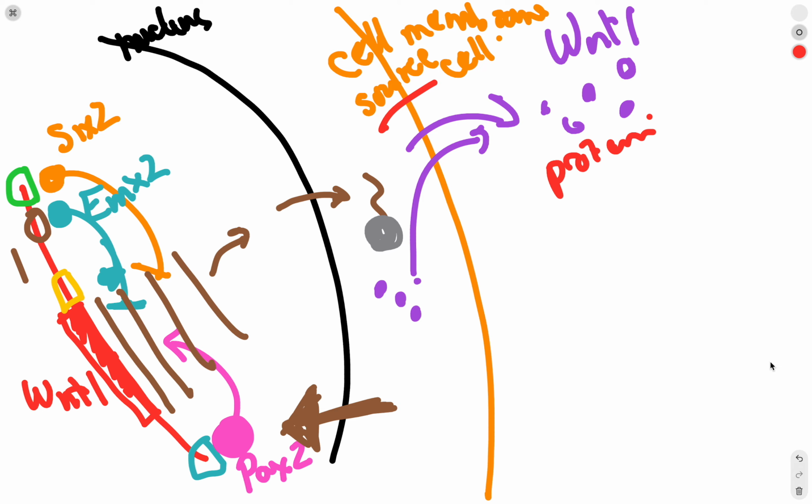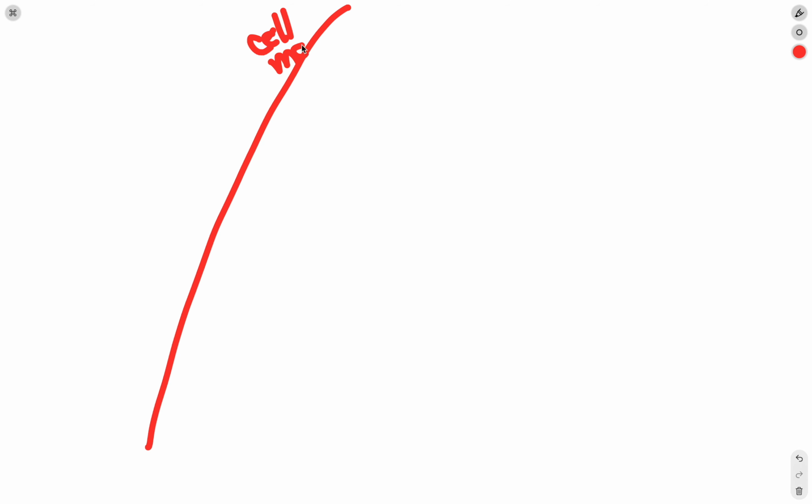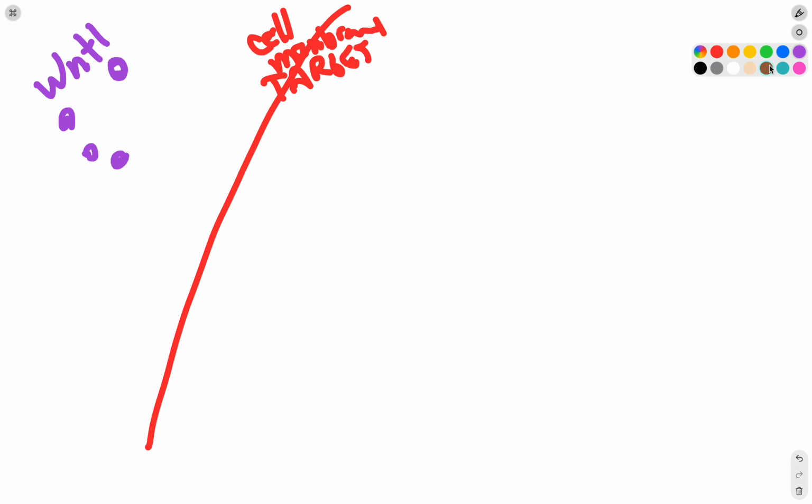So I'm going to erase this, and I'm going to draw the Wnt binding to the target cell now. On another piece of paper that you can tape together, I would say, because these need to be big, we'll put this here, and here's the cell membrane for the target cell. It's a set of cells, and we've got Wnt out here floating around, Wnt1 in this example, and it's going to bind to its receptor, called frizzled, and there's lots of frizzled on the target cell.